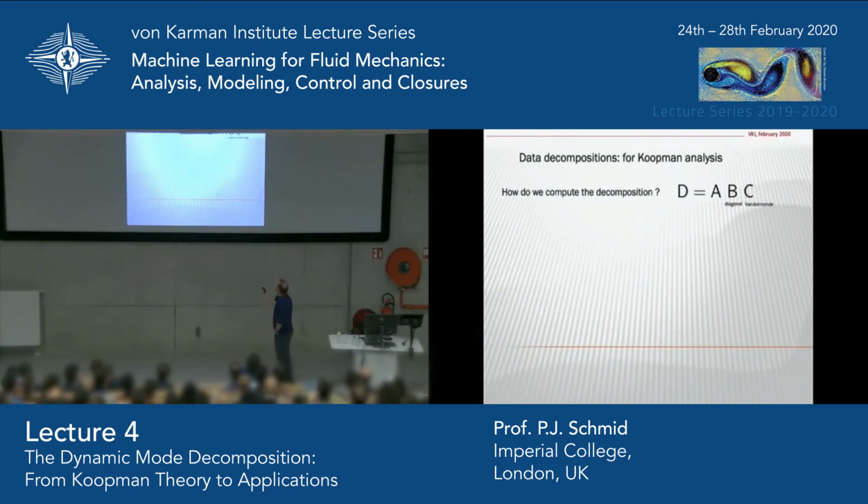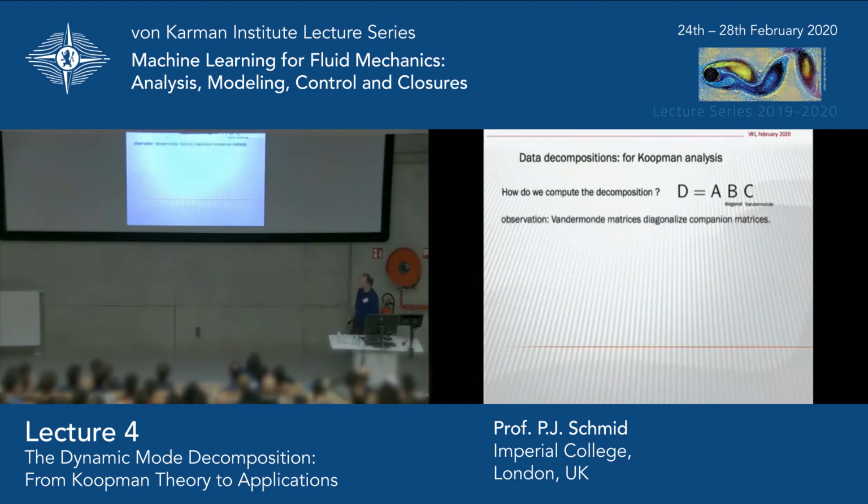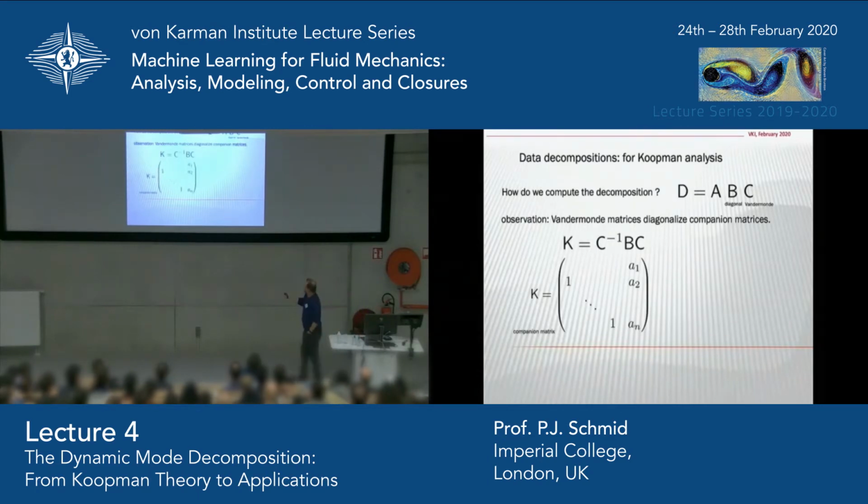How do we compute that? This is what we want. The critical observation here is that Vandermonde matrices diagonalize companion matrices. That's something out of a linear algebra book, or a good linear algebra course if you had one. What does that mean?